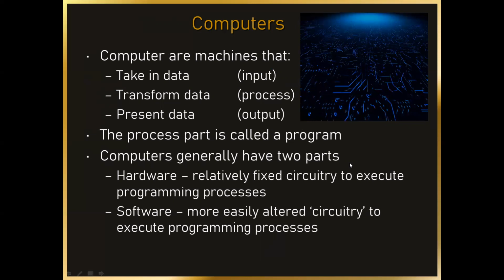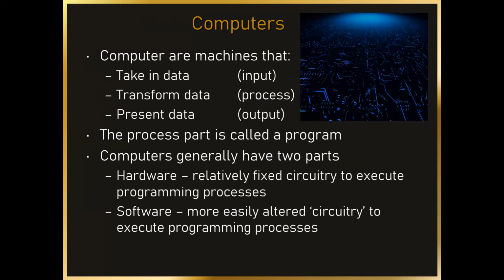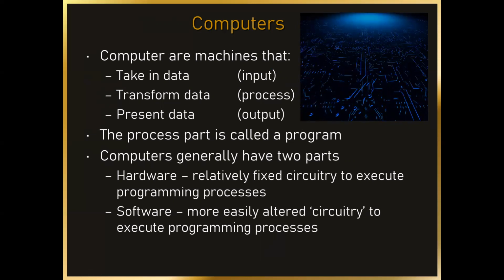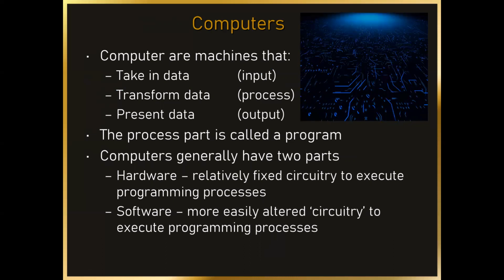There's a good representation of a computer, because computers are basically consisting of devices which will perform some operation depending on whether or not electricity is flowing through them at the particular moment, right? So computers generally have two parts: hardware, which is relatively fixed and cannot be changed that easily, and also software, which can be more easily altered by writing code, right?